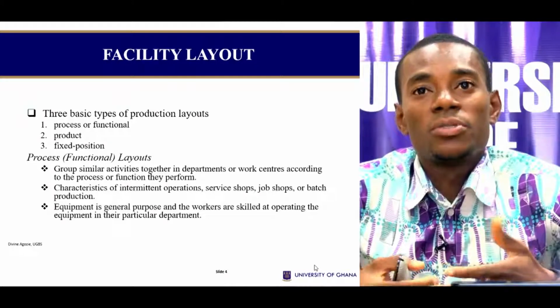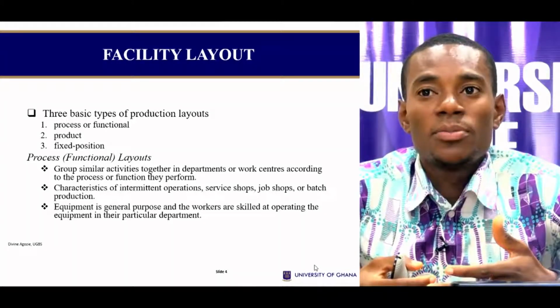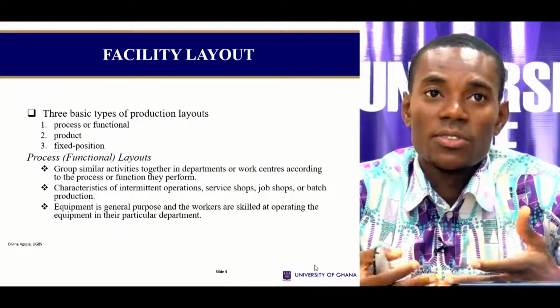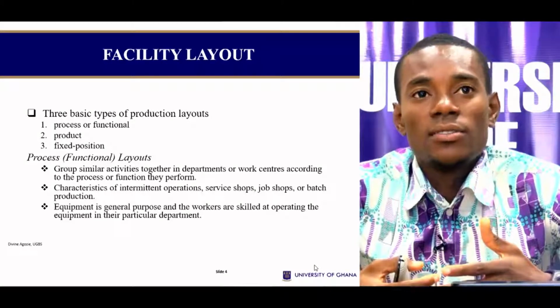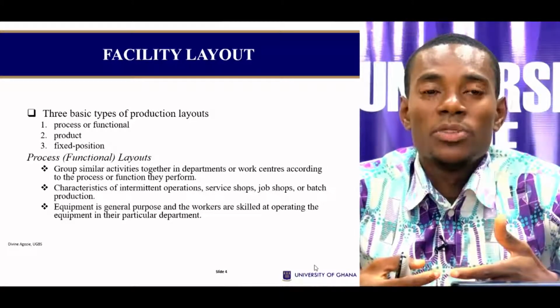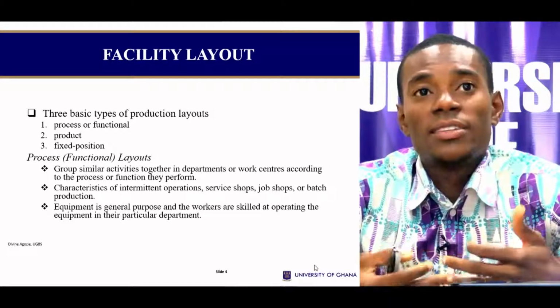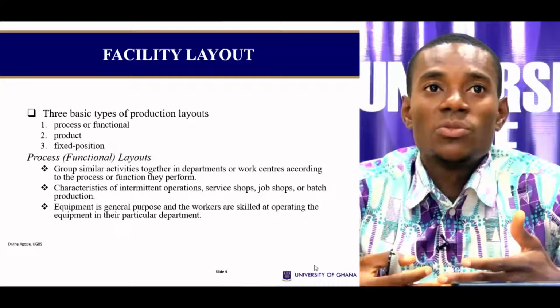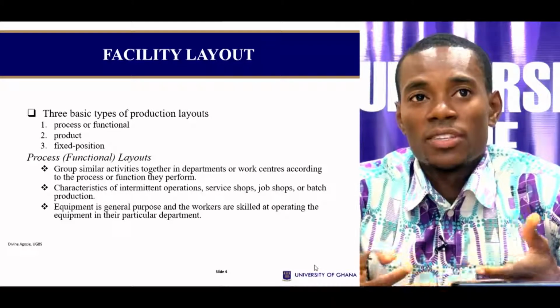Now, typically, process layouts are adopted in service organizations or service institutions. The characteristics are intermittent operations, service shops, job shops, or batch production. These are some of the areas where we adopt the process or functional layouts.